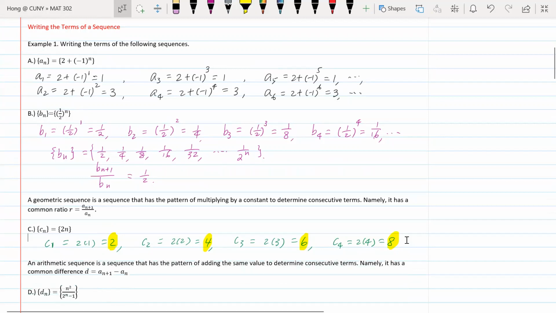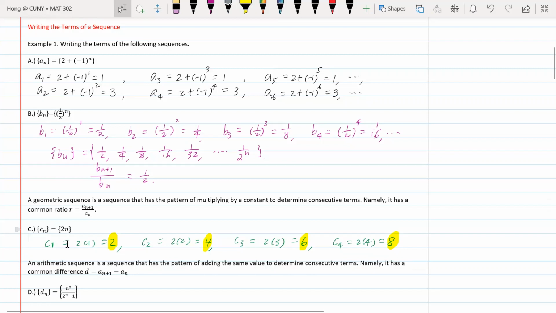So an arithmetic sequence is a sequence that has a pattern of adding the same value to determine consecutive terms. It has a common difference D. The common difference D equals A sub n plus 1 minus A sub n.